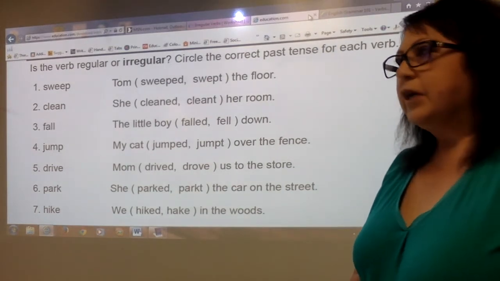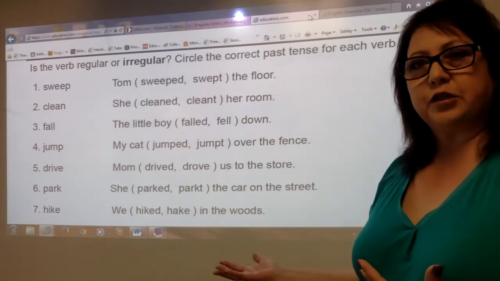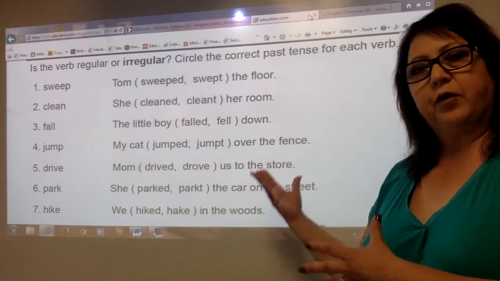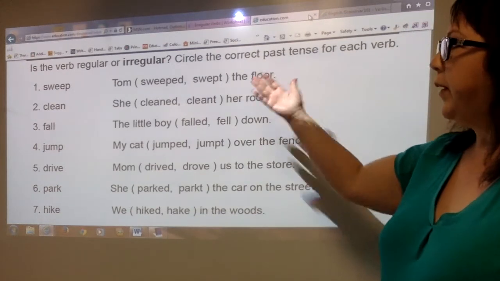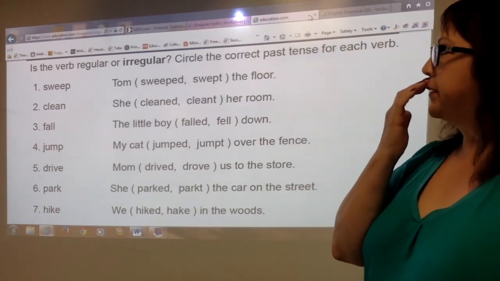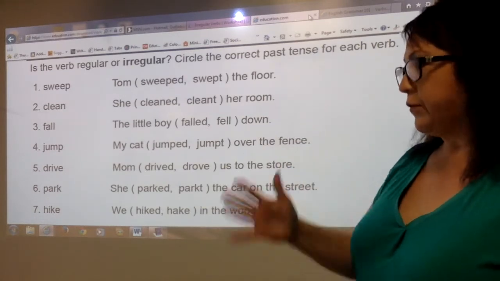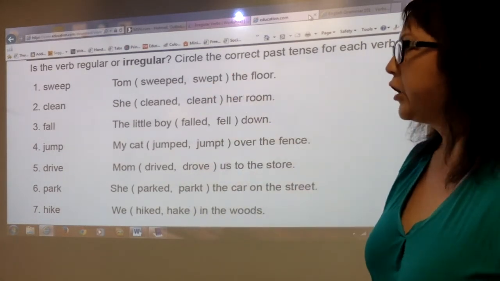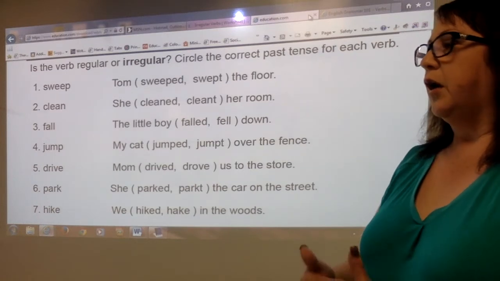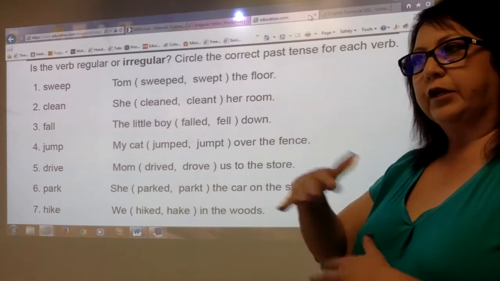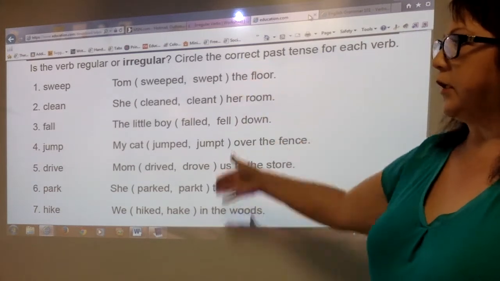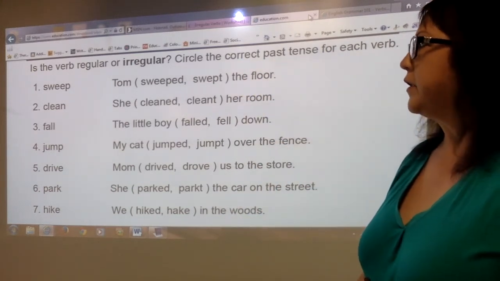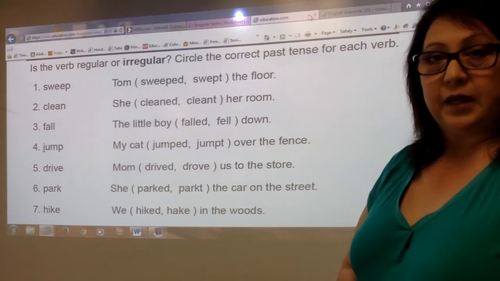Remember, my friends, you are not going to get all the answers correct because this is the first time we went over it. This is the first time you're hearing about irregular verbs not having ed. It's a little step above just learning about verbs. So I want you to be able to use these words in a creative writing lesson. So that's why we're practicing them today.